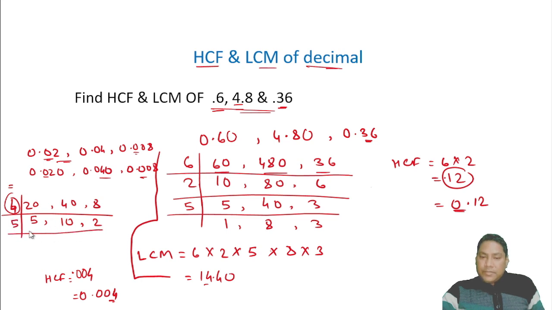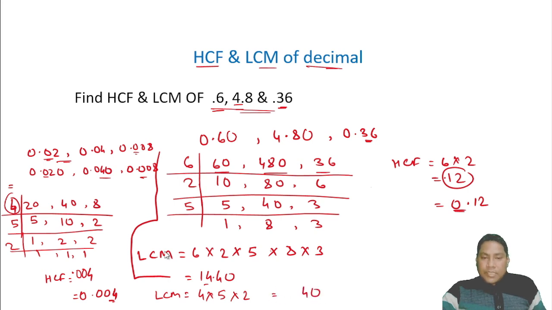This is 5 here, this will become 1, 2 and 1, again by 2, this is 1, 1 and 1. Now the LCM is 4 multiplied by 5 multiplied by 2. 5 4s are 20, 20 2s are 40.